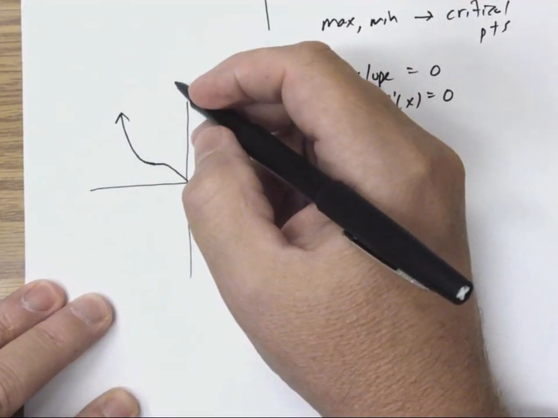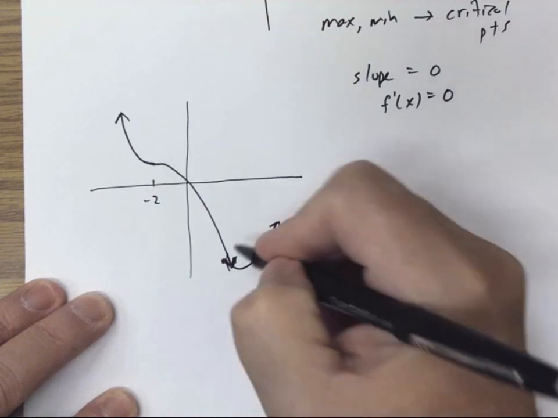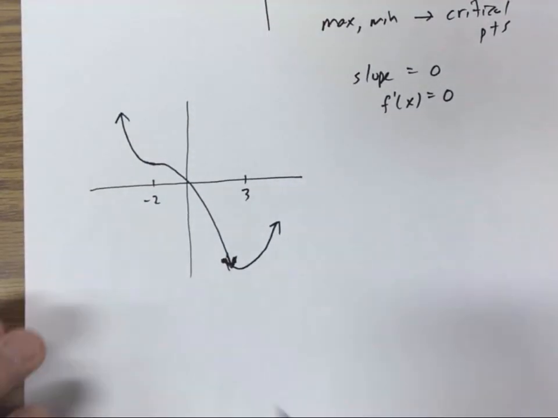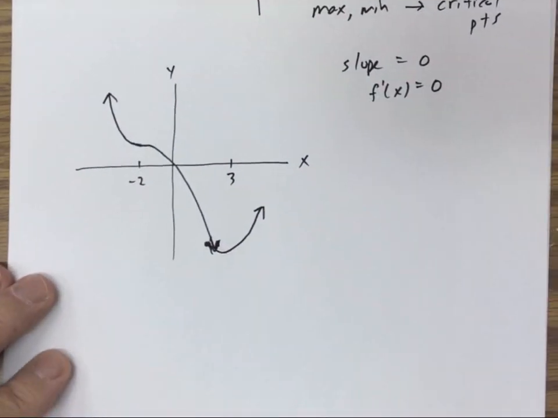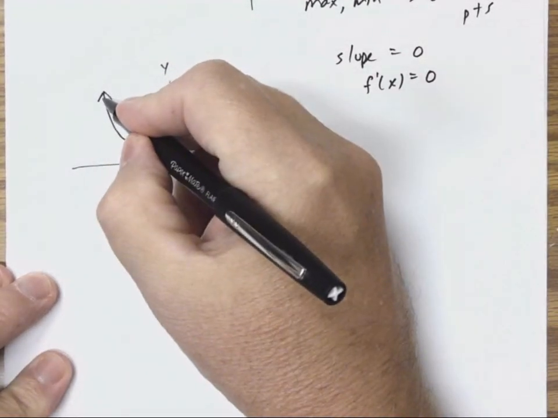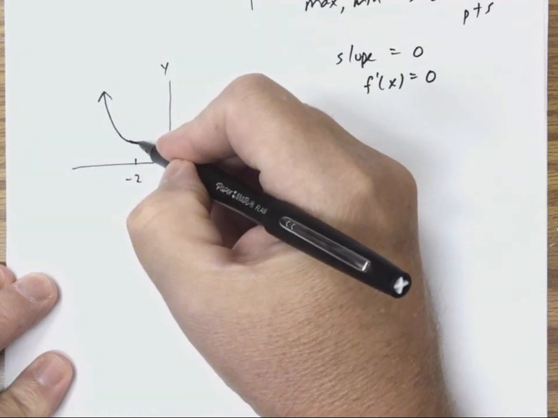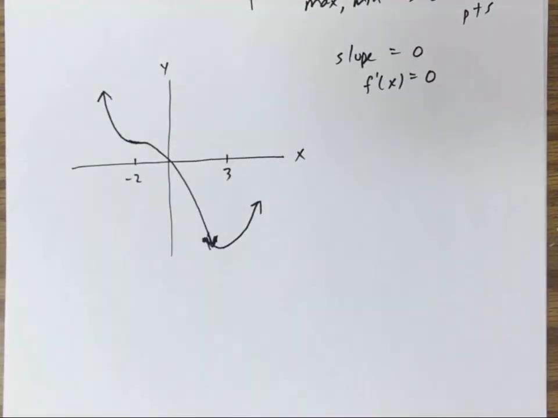And let's say this point here is -2. This point here is 3. Same question. Where are the intervals where this function is increasing or decreasing? Well, here it's decreasing, although when it gets to here, because the function gets flat, at the point where it is flat, it's not decreasing anymore.